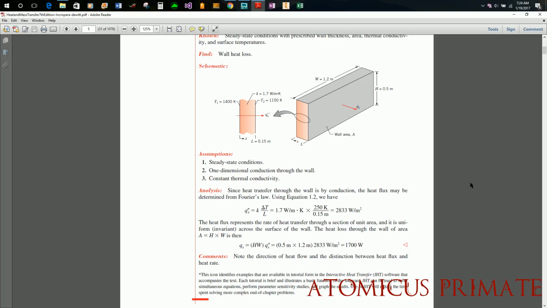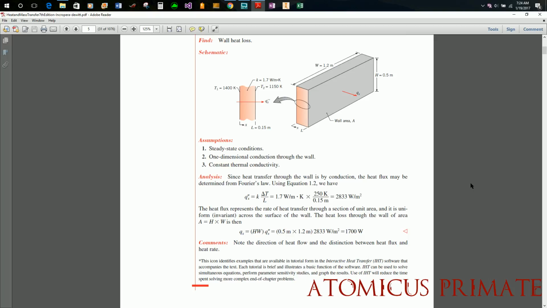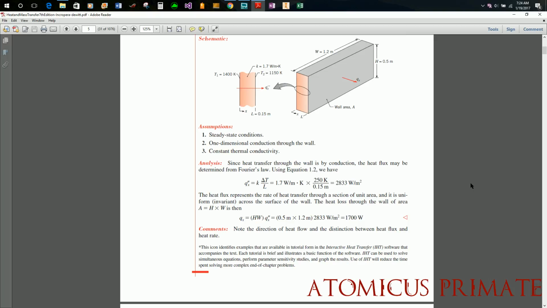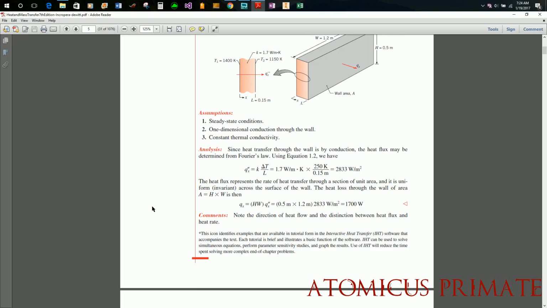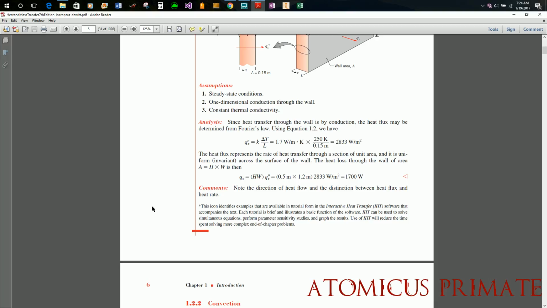Now analysis. Since heat transfer through the wall is by conduction, the heat flux may be determined from Fourier's law. Using equation 1.2, we have q double prime sub x equals k delta T over L equals 1.7 watts per meter dot Kelvin times 250 K over 0.15 meters. They get 2833 watts per meter squared for q double prime x. The heat flux represents the rate of heat transfer through a section of unit area and is uniform, that is to say, invariant, across the surface of the wall.